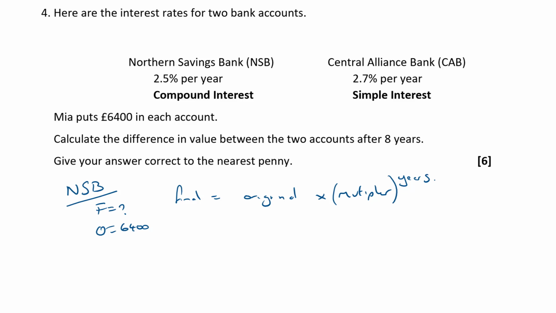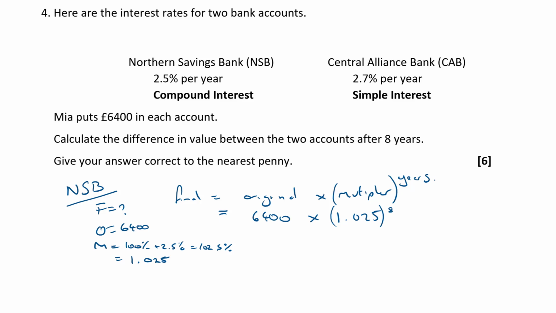And the multiplier is going to be 100% plus 2.5%, which comes to 102.5%, which as a multiplier is going to be 1.025, isn't it? So that's the multiplier we're going to use here. So my final amount is going to be my original amount, 6,400, times 1.025 raised to the power of 8.